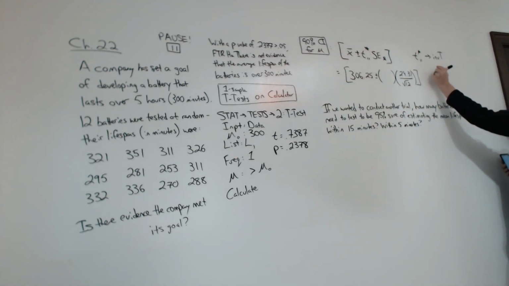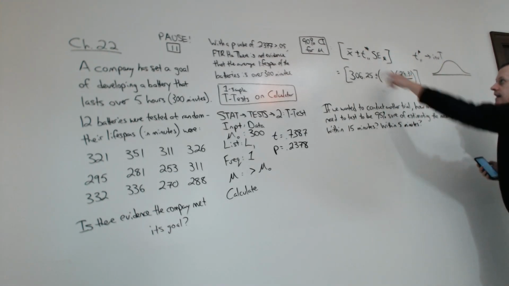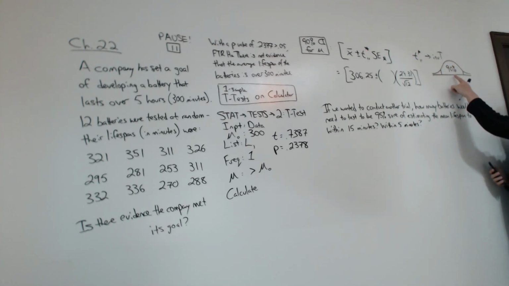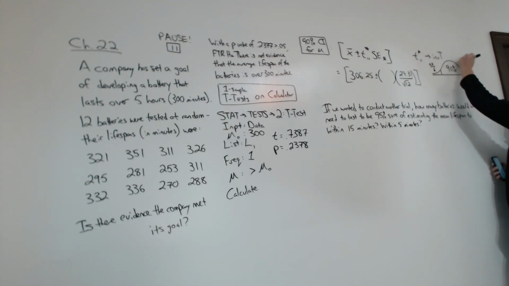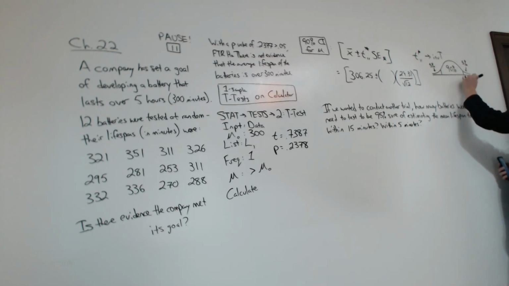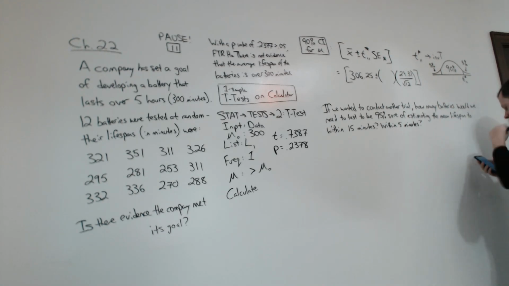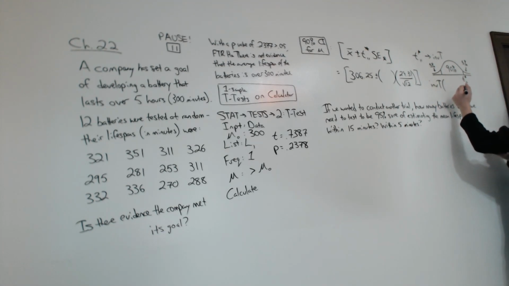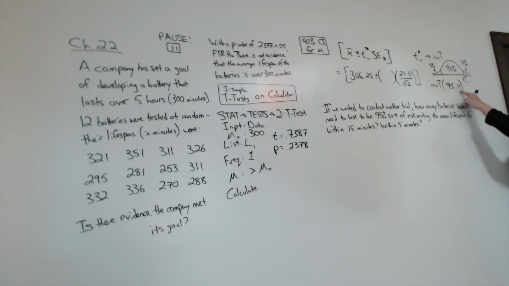So what I would recommend, draw your curve there. 90% confidence interval means we want 90% of our data in the middle. That means these are each 5%. And we're looking for this t star, this value right here, where 95% of the area is to the left. So in order to find that, we're going to use inverse t of all the area to the left, as well as the degrees of freedom.